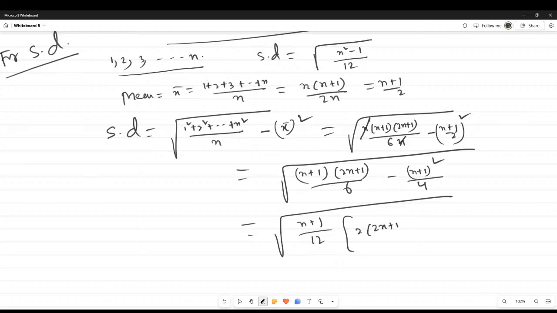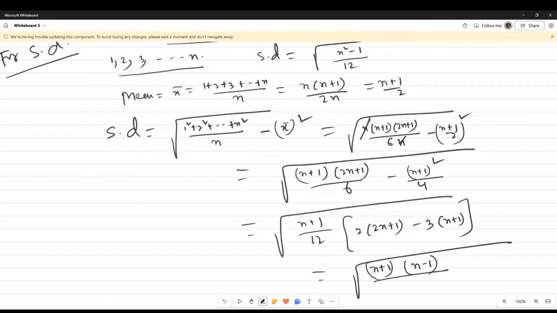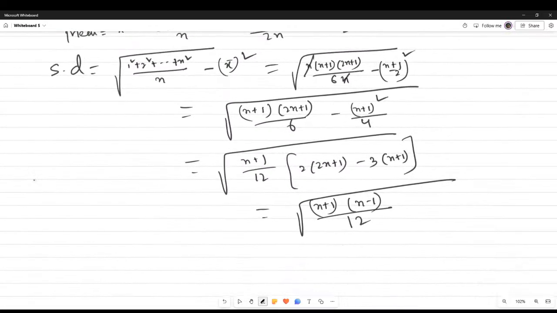So it will be 2 into 2n plus 1 minus 3 into n plus 1. This will change to n plus 1 into n minus 1 by 12. So the standard deviation will be equal to under root of this. This only I told you.